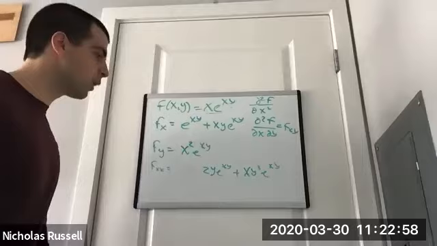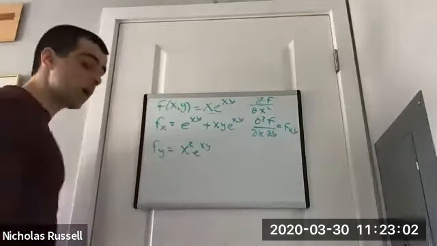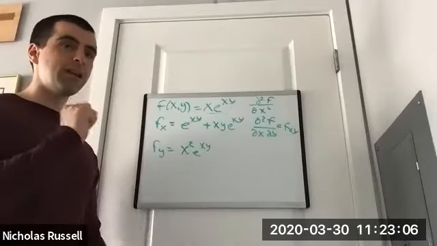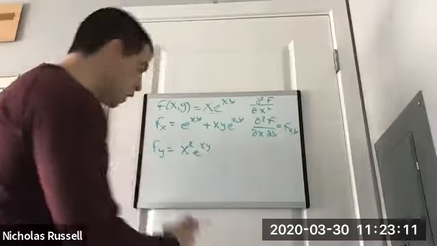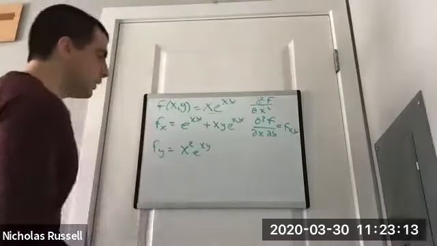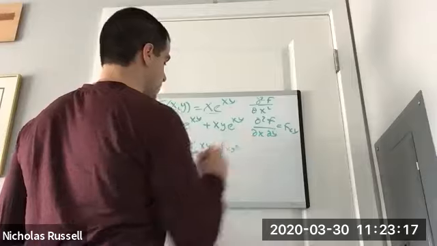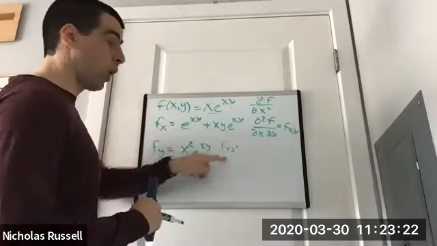But one interesting thing that I want to show you is what happens when I calculate fxy or fyx. It doesn't matter which direction I go. It doesn't matter if I take the derivative with respect to x and then with y, or with y and then with x. What we can see here is, let me take the derivative of this guy with respect to y first. I'm going to take fx and then y.